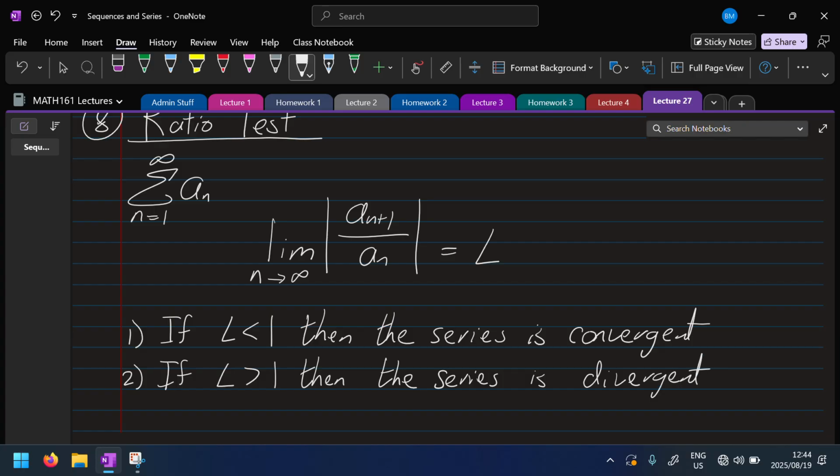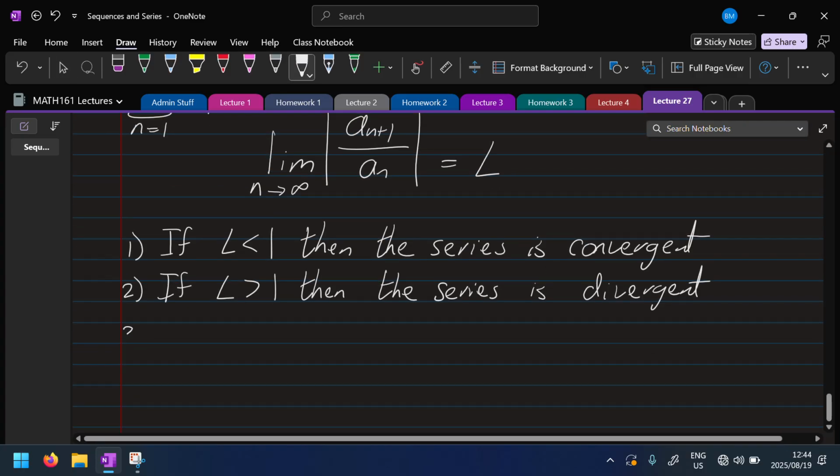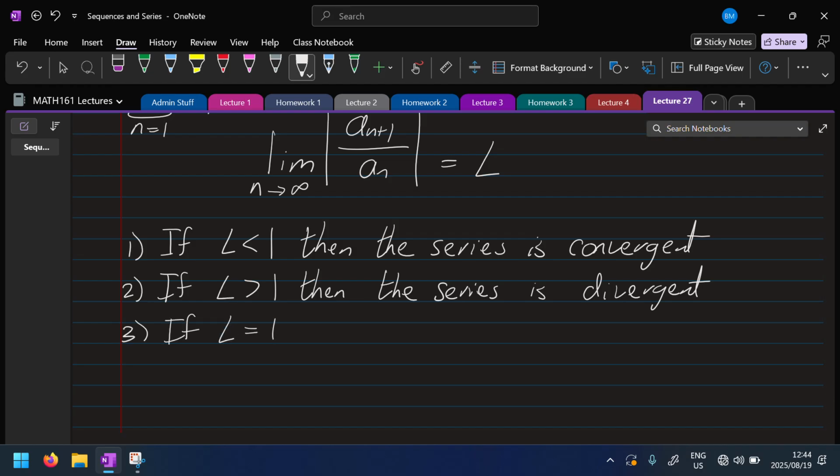And then number 3, if L is equal to 1, then you must try something else. After all of the work calculating the limits, if you end up with L equals 1, it means the test fails. Try something else.